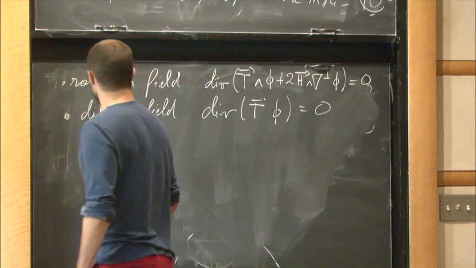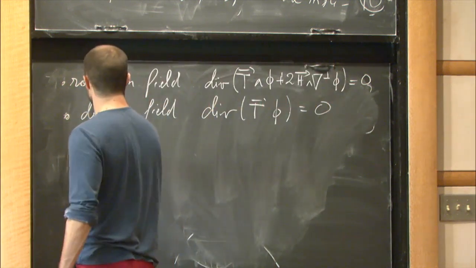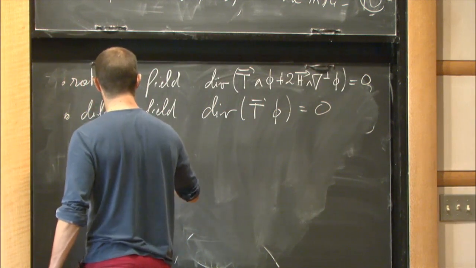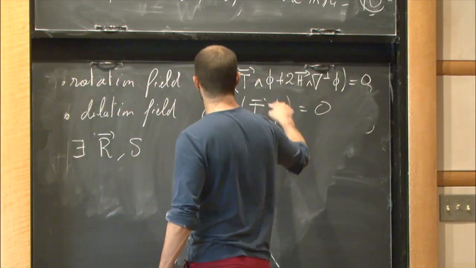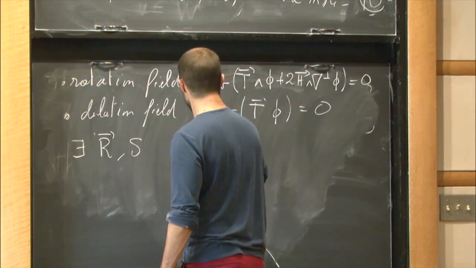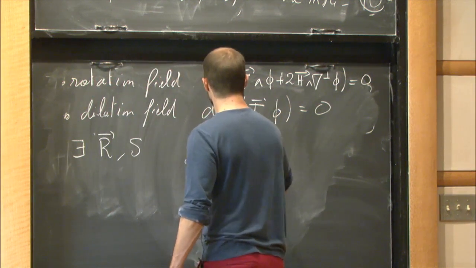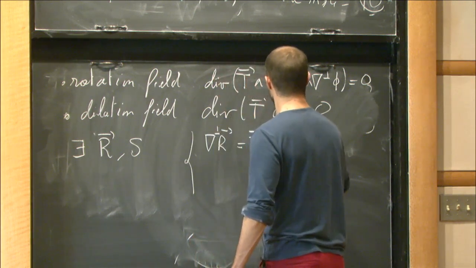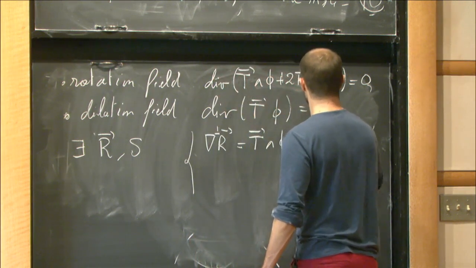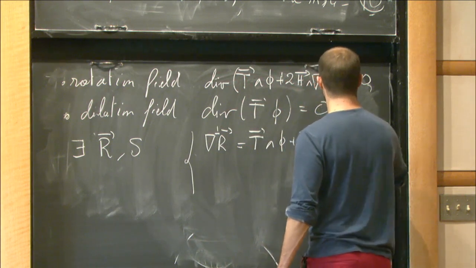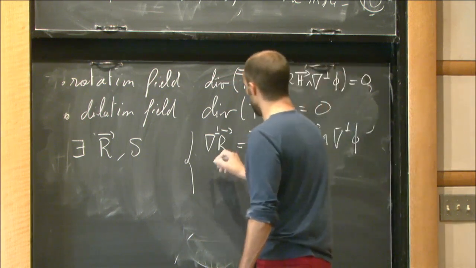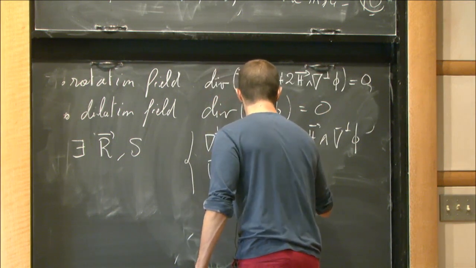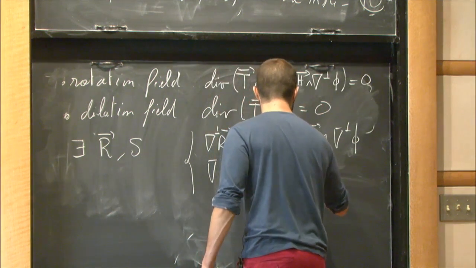So in particular, there exist R and S such that you can integrate those quantities. So nabla-perp R equals T wedge phi plus 2H wedge nabla phi, and nabla S equals T scalar phi.